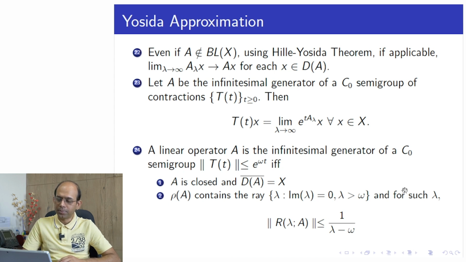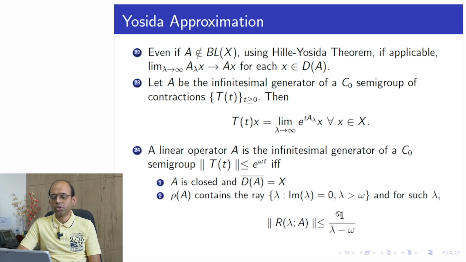For such lambda, that means for lambda in this class, the norm of R(lambda, A) is finite. So this is a bounded operator. Not only that, it is less than or equal to 1 over lambda minus omega. So this is an extension of Yoshida theorem for contractions.